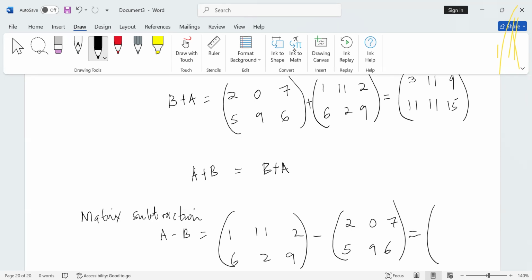Minus 1. 11 minus 0, 11. 2 minus 7, minus 5. 6 minus 5, 1. 2 minus, sorry, 9 minus 6, 3.